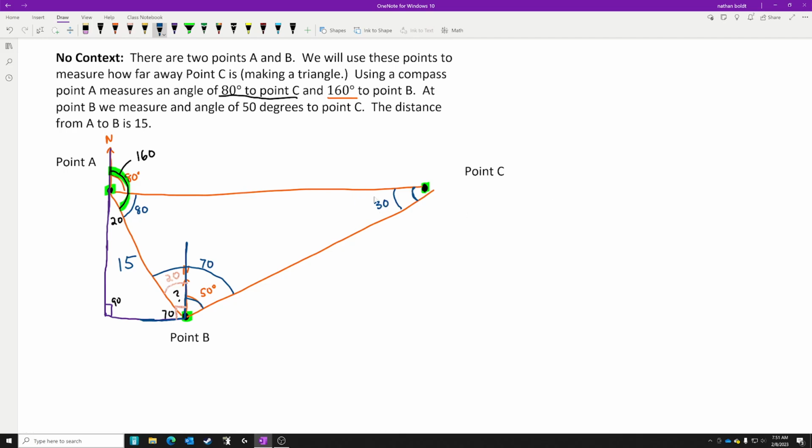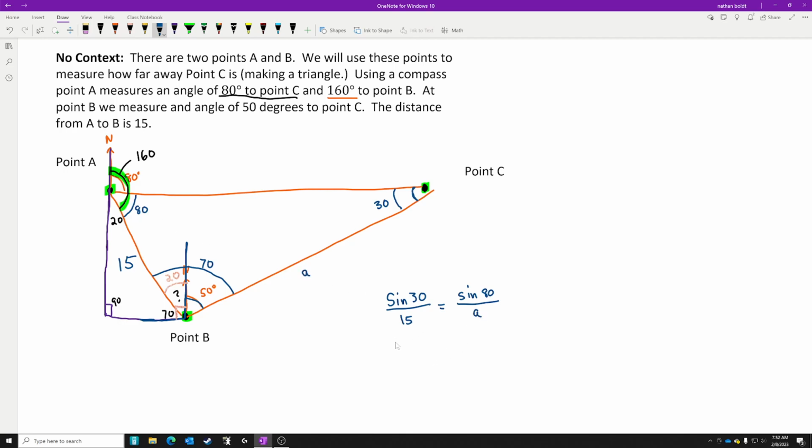So let's see, my key here is the 30 and the 15, right? Those are an angle and a side across from each other. So sine of 30 over 15 is equal to sine of 80 over, let's see, I guess this is going to be side A over here, isn't it?